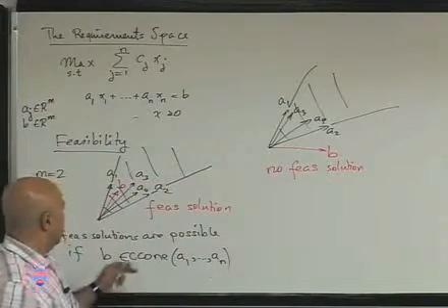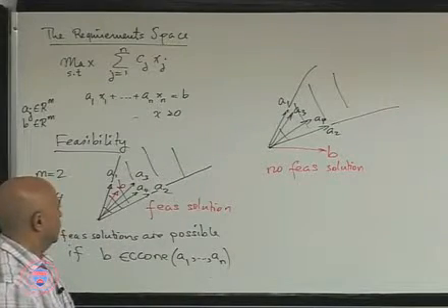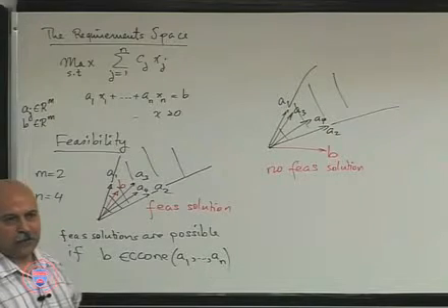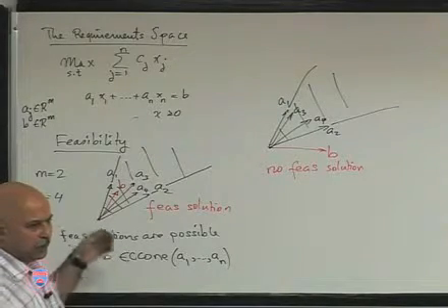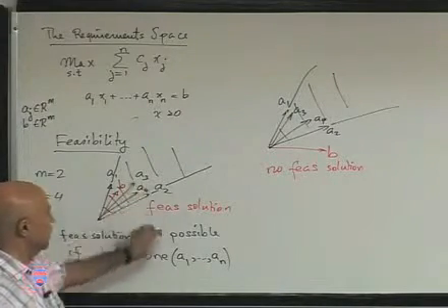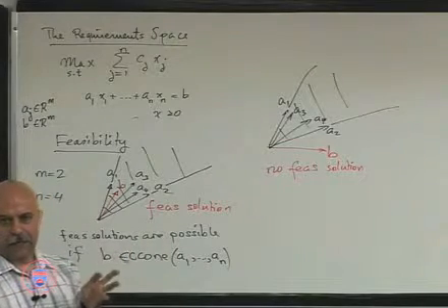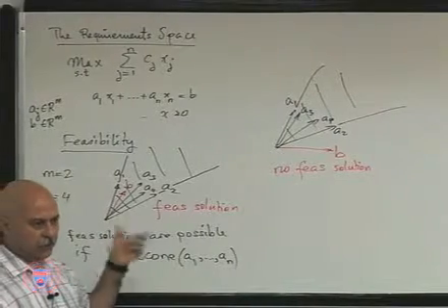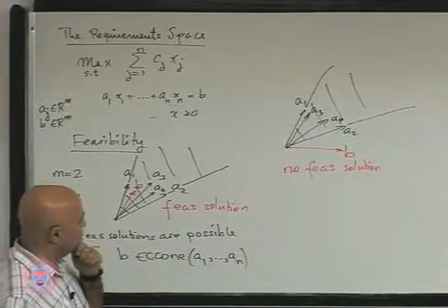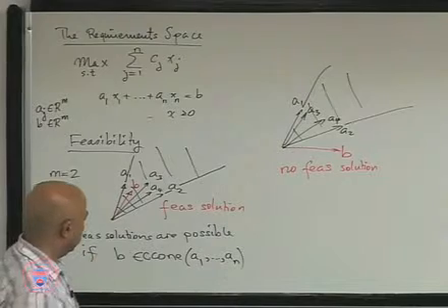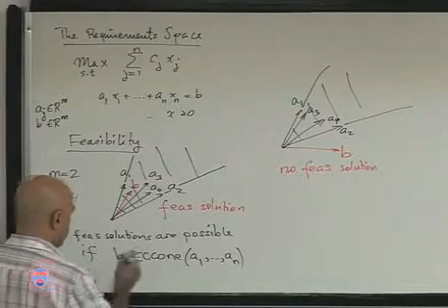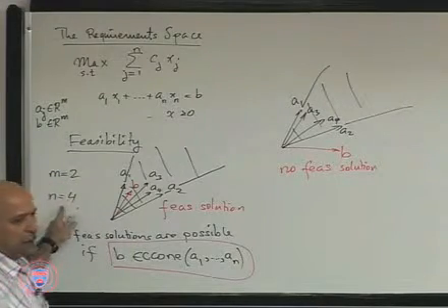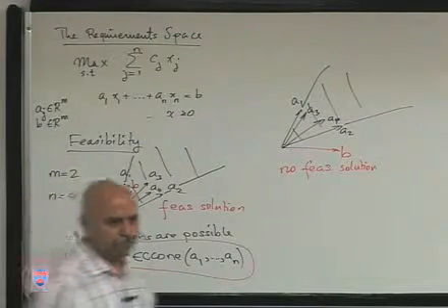Of course, we can draw the pictures only in 2 dimensions or also in 3 dimensions if we try a little bit harder. Nevertheless, these ideas are actually valid for any dimensions m and n, okay, in the column space as well as in the row space. Okay? So, this statement, for example, is true regardless of what m is and what n is.